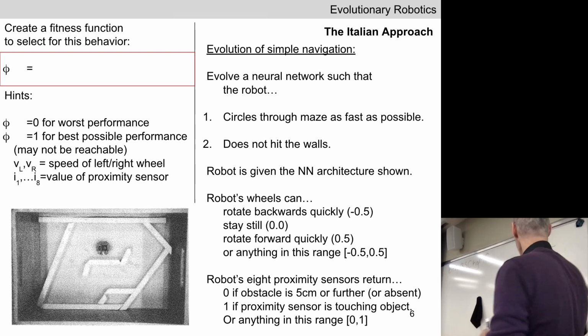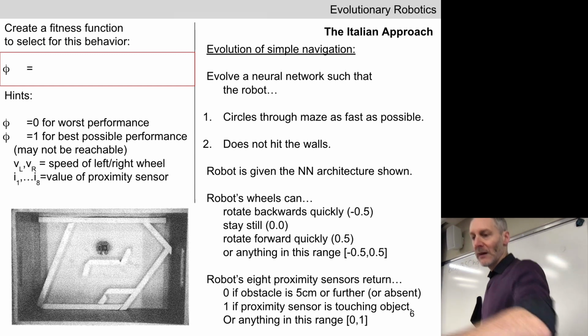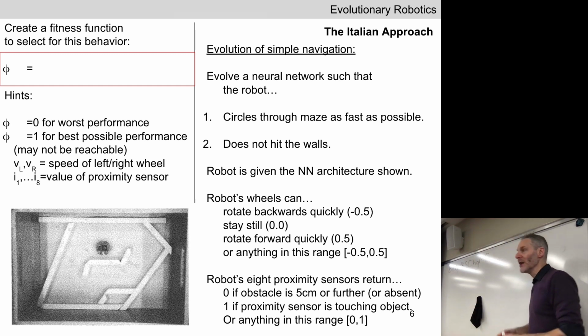I'm assuming that 1 through 6 is the first 6 sensors that are on the front of the robot, and 7 and 8 are on the back. We can assume that. Proximity sensors 1 through 6 are on the front, and 7 and 8 are on the back.